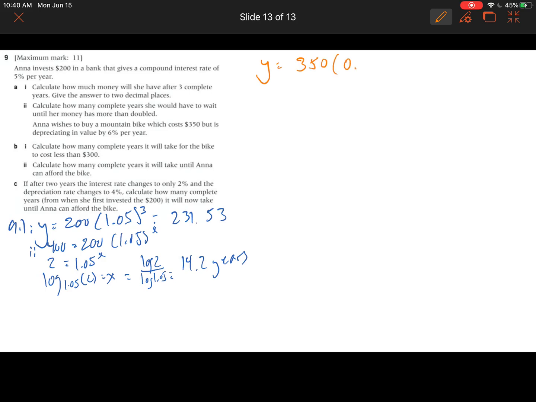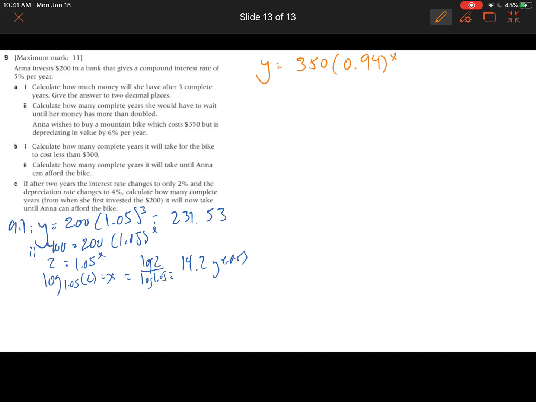We got y is equal to 350, but it's depreciating, so we're losing 6%, so 0.94 to the x. I want to know when that's going to cost less than 300. I'm just going to use a calculator here. Y is equal to 350 times 0.94 raised to the x power, and I'm going to look for when this number is less than 300.